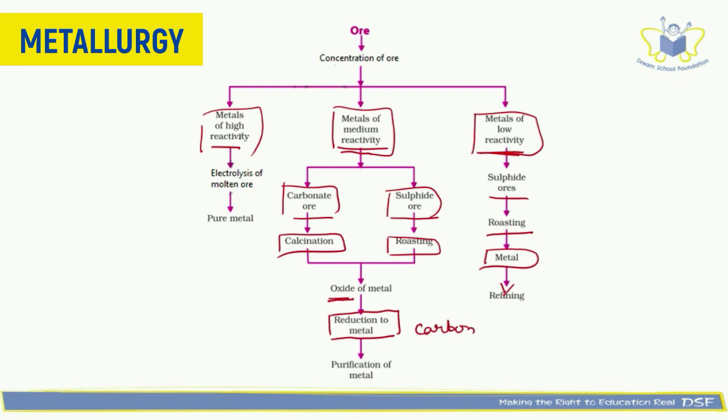And once it is reduced, it can be purified further. Then let us move on to the metals with high reactivity. In this case, we use electrolytic reduction, as they are even more reactive than carbon, and we obtain the pure metal. You also learnt about corrosion and how we can use galvanization and alloying to prevent it.